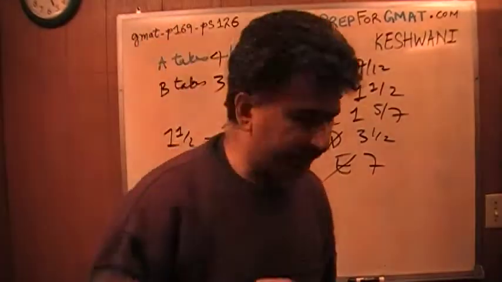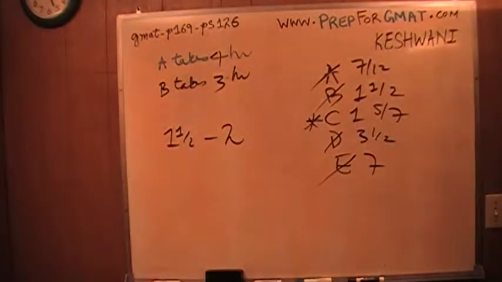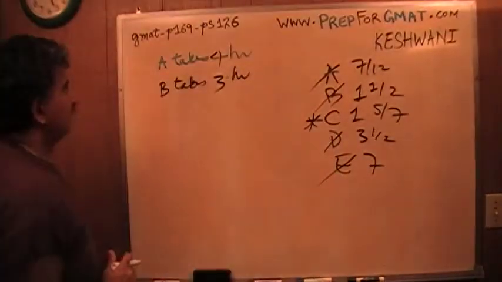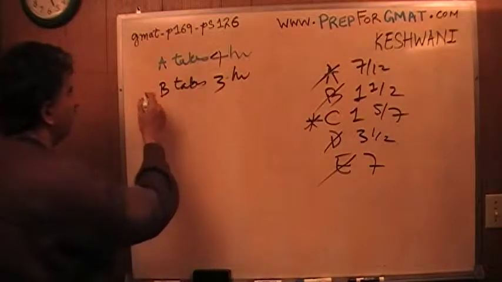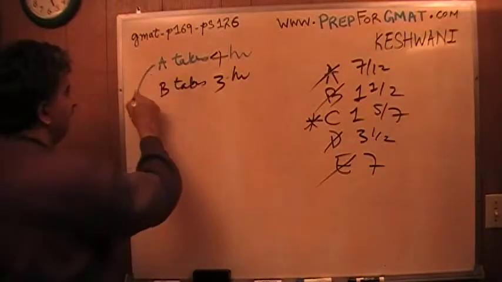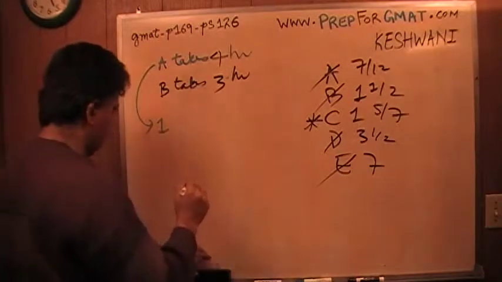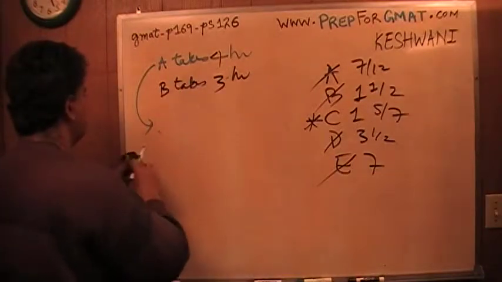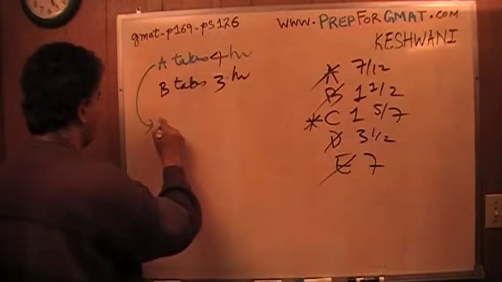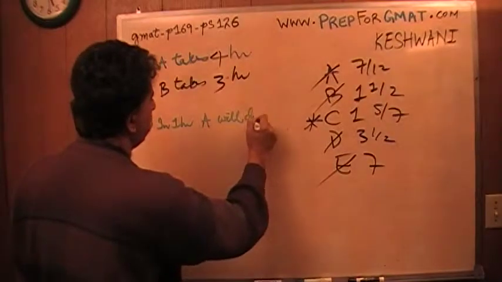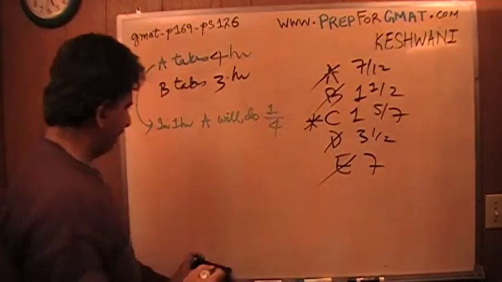Let me just quickly check my time, see how much time I have left. I'm already 6.5 minutes into the clip. Let's do it together. Since the first machine, A, is taking 4 hours to do the job, in 1 hour A will do 1/4 of the job.